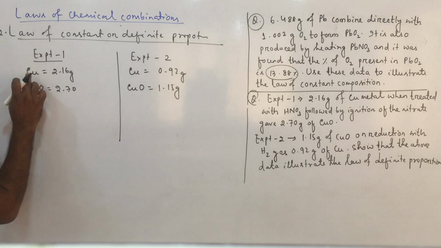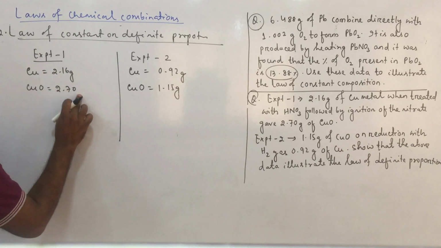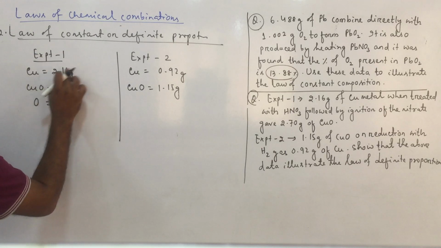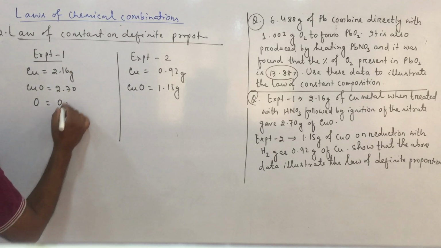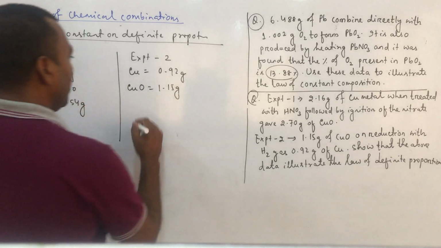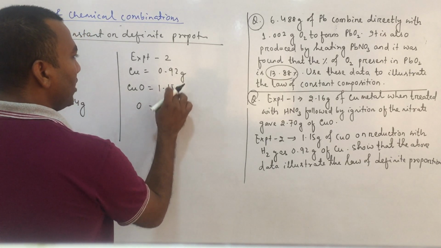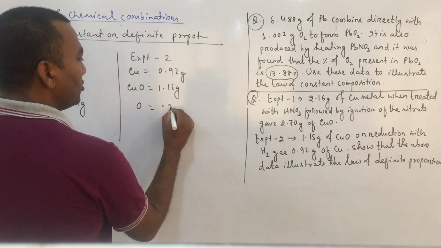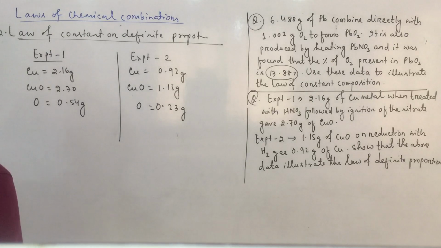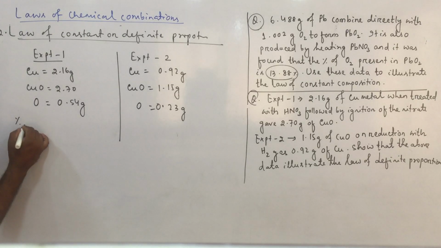Clear? Now see, here copper is 2.16, copper oxide is 2.70. So what is oxygen? Subtract them. 2.70 minus 2.16 equals 0.54 gram oxygen. Here oxygen equals 1.15 minus 0.92, that is 0.23 gram. Now you can calculate the percentage of copper.